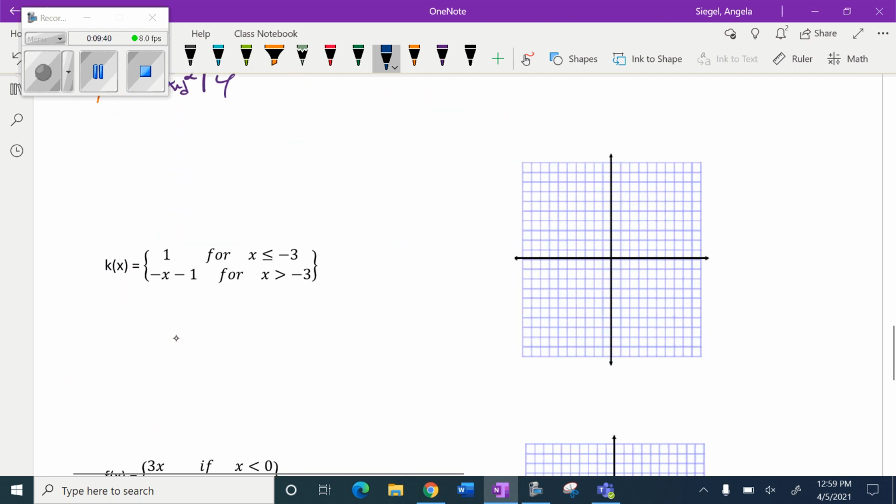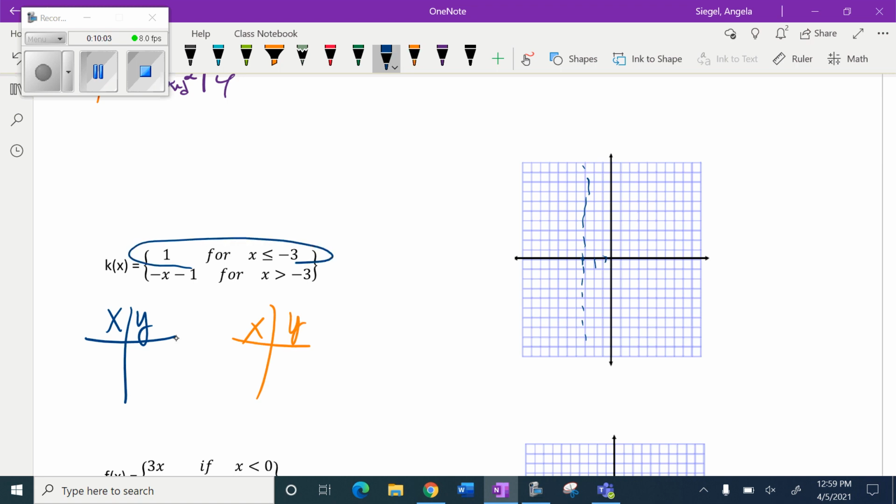So we're going to do the same thing here. For this one, the first thing that's jumping out at me is that -3 is where things start happening. Let's go with the first one, and then we'll make the second one in orange. The first one is -3, and it's less than or equal to, so this is going to be closed.